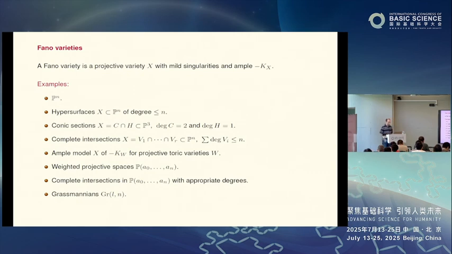And if you go back to the ancient world, where Greek mathematicians studied conic sections, they all happen to be Fano varieties. They are basically defined by degree 2 equations, so they happen to be Fano varieties. More generally, we can intersect hypersurfaces of the right degrees. So as long as the degrees are not too large, what you get will be a Fano variety.